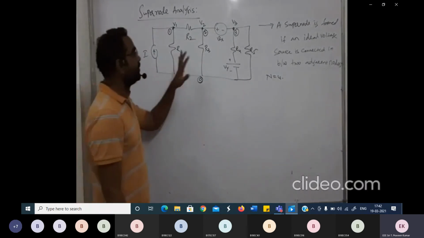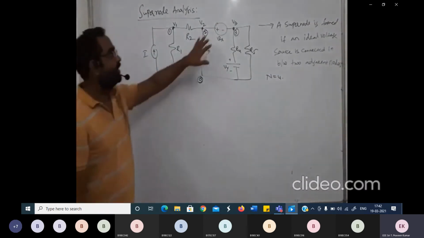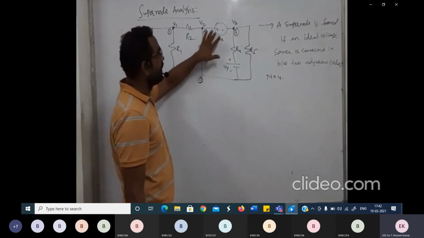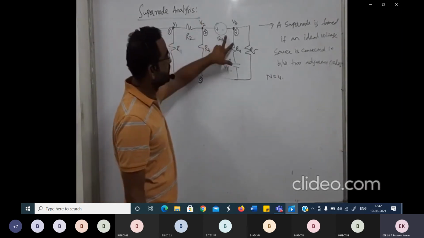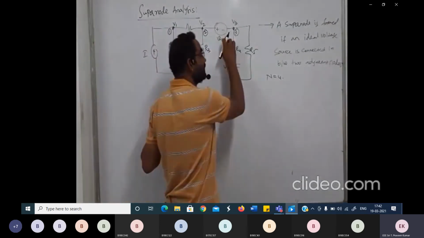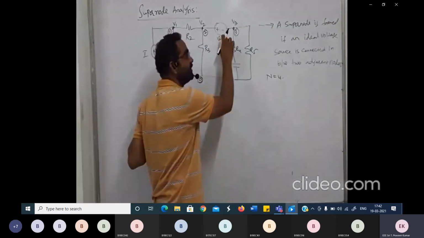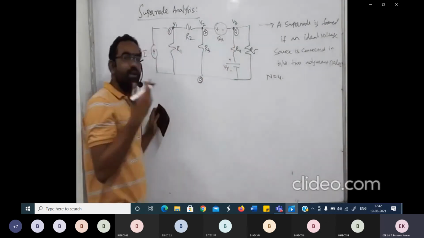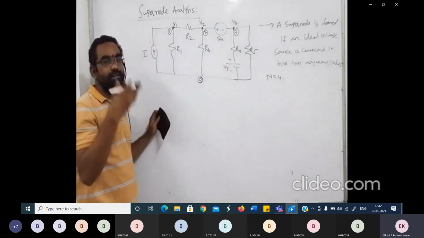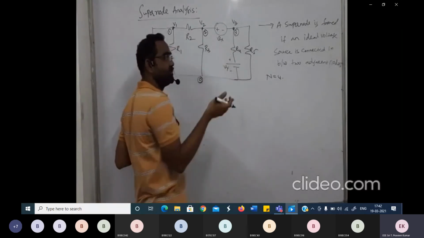Now when we go for a super node, nothing but when there is an ideal voltage source connected between two nodes, I cannot write the current equation for an ideal voltage source, because for an ideal voltage source the internal resistance is 0, nothing but short circuit. Because I don't have a resistor, I cannot calculate current, because current is voltage divided by resistance.